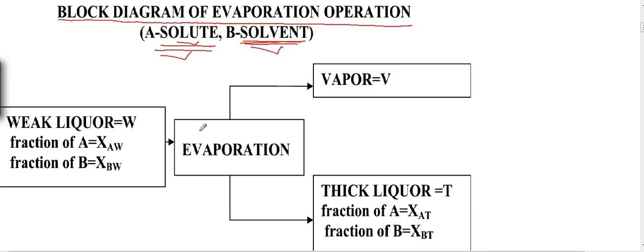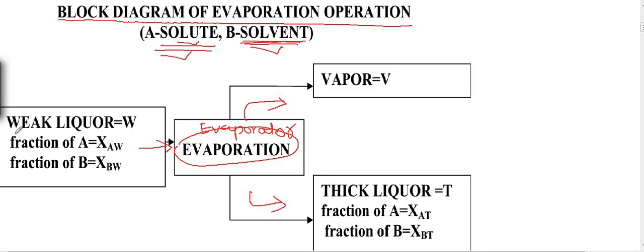The equipment in which this evaporation takes place is called the evaporator. The input to this evaporator is weak liquor, and you get two outputs from this evaporator. From the top, vapor is removed, and from the bottom, thick liquor is removed.